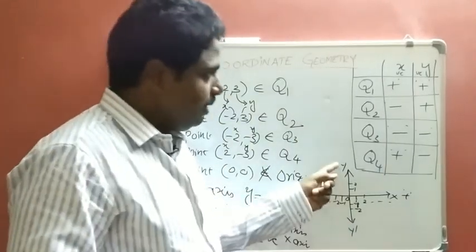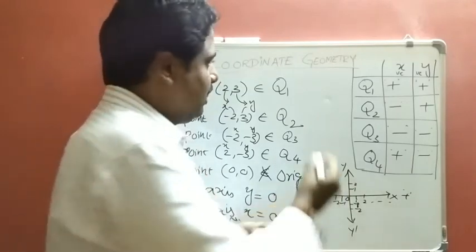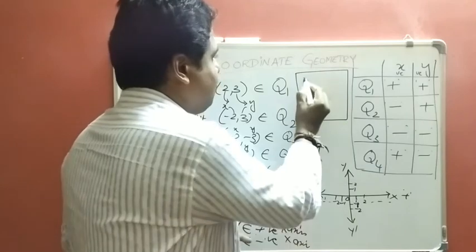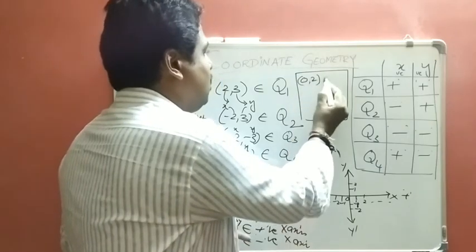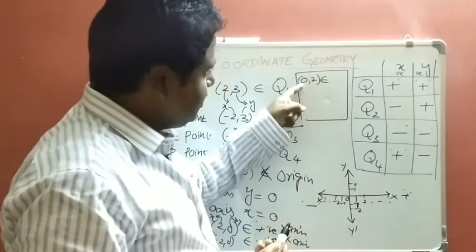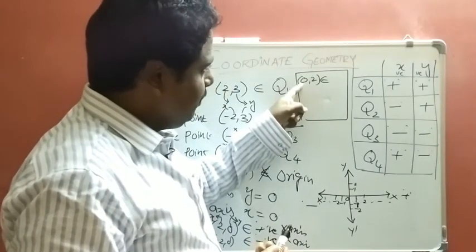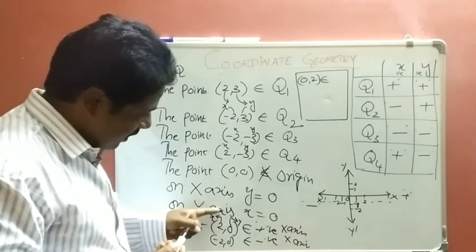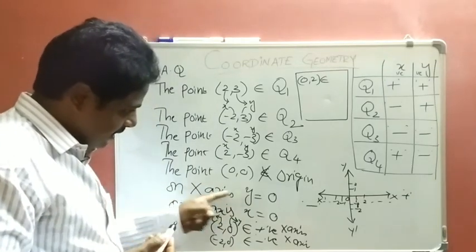Similarly, let us take the point (0, 2). Here x is 0, which means the point should lie on the y-axis. Why? Because on the y-axis x is 0, and on the x-axis y is 0.